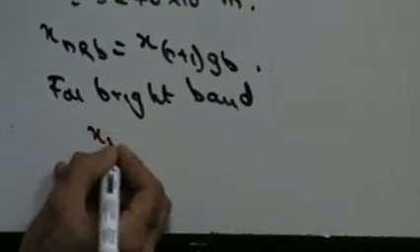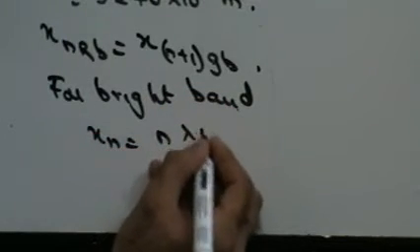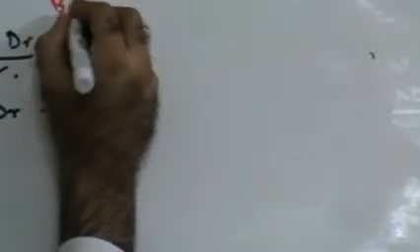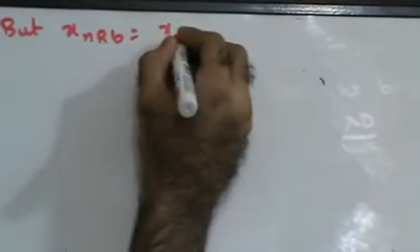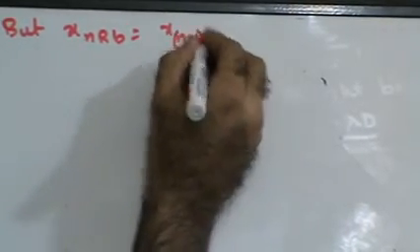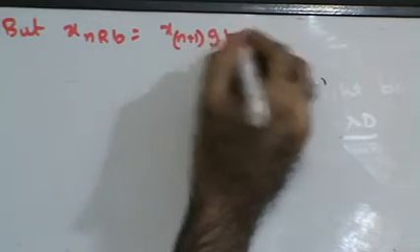Now, for bright band, we know that xn is equal to n lambda d by d, right? So in that case, they have given me that xn red bright is equal to xn plus 1 green bright.